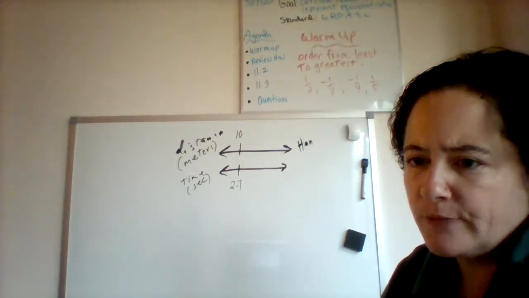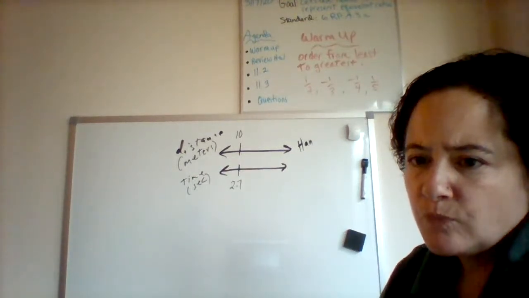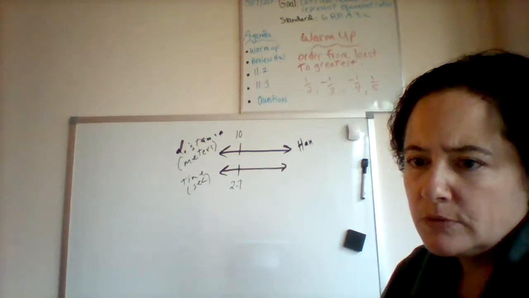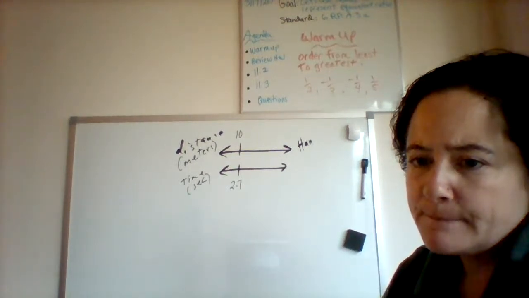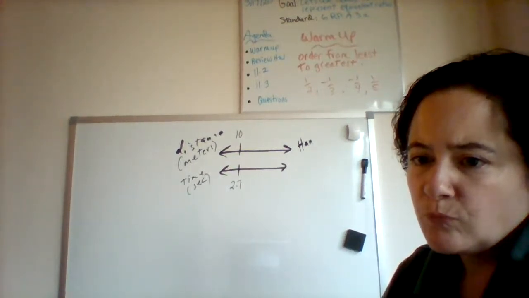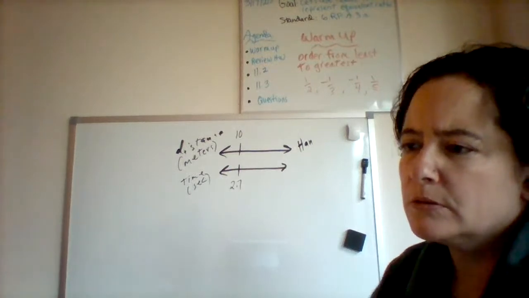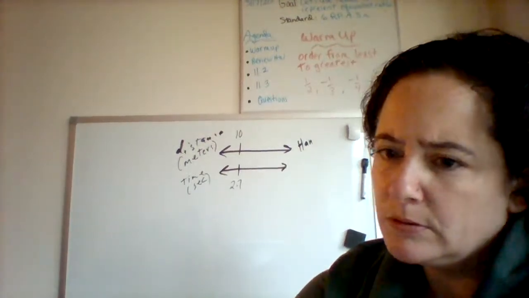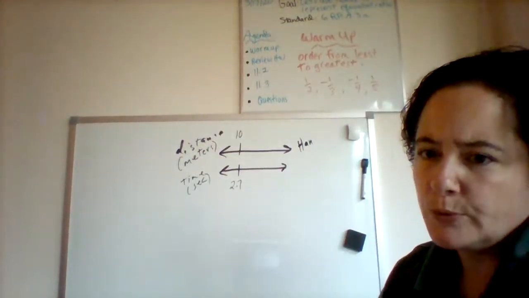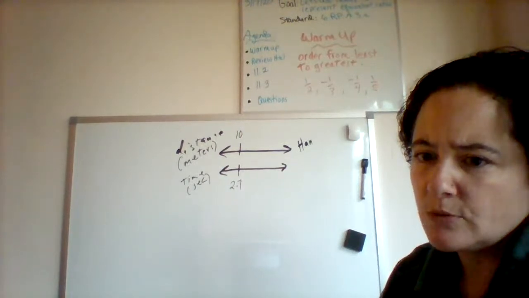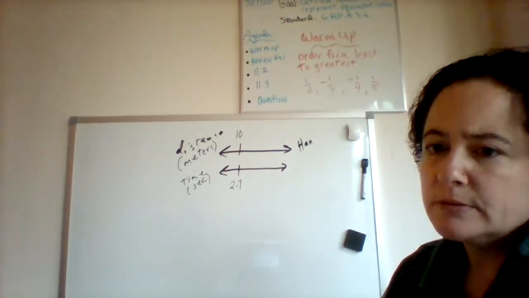I did 2.4 times 50. Then I did 2.7. What? How do y'all do that so fast? Okay.